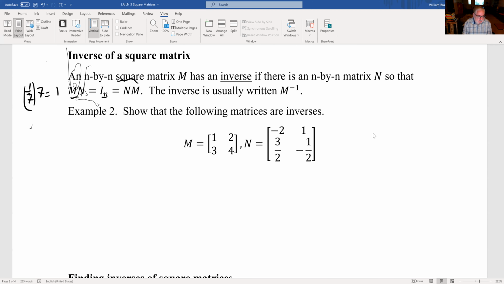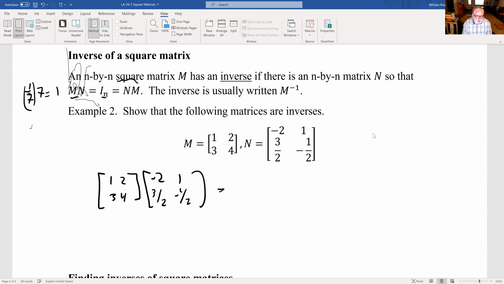How do we show that they're inverses? Two matrices are inverses means that when you multiply them together, you get the identity matrix. So 1 times -2 plus 2 times 3/2 gives me 1.